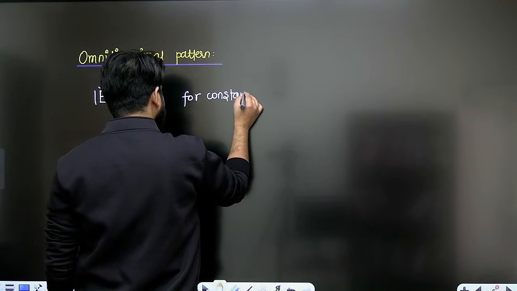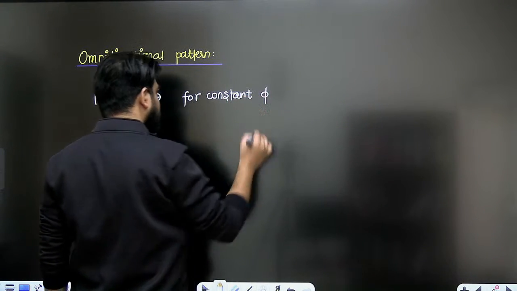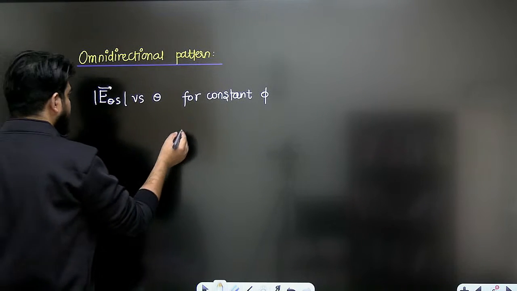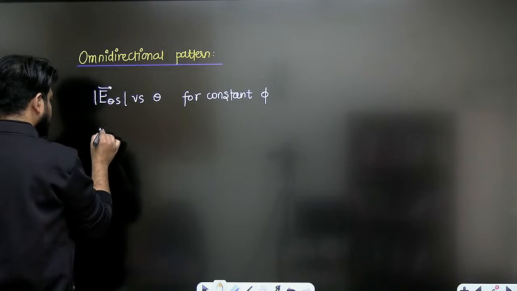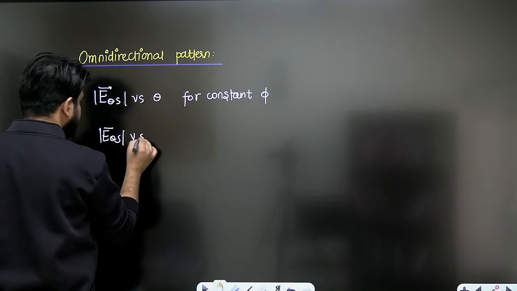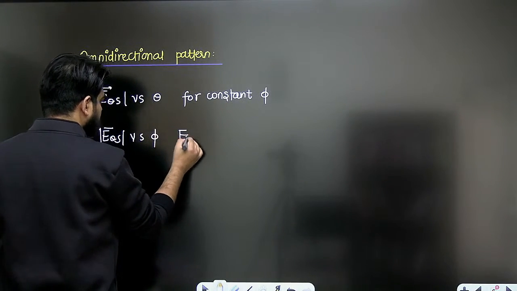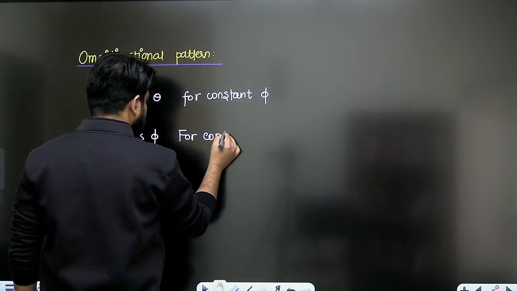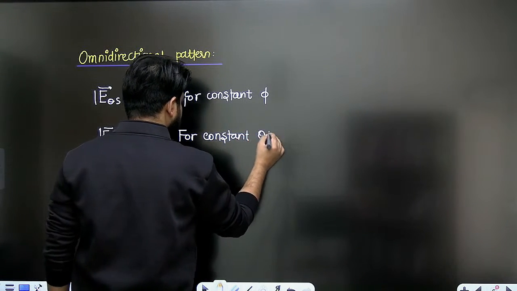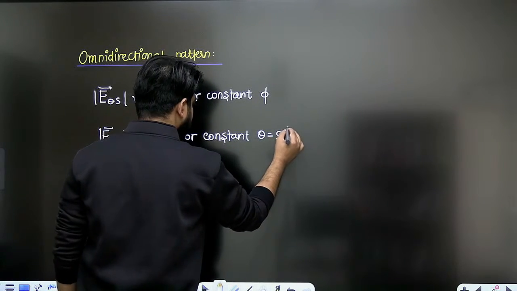Generally this phi is taken to be 0 degree, but you can take any other value also for constant phi. And mod of E theta s versus phi for constant theta, that too equal to 90 degree.